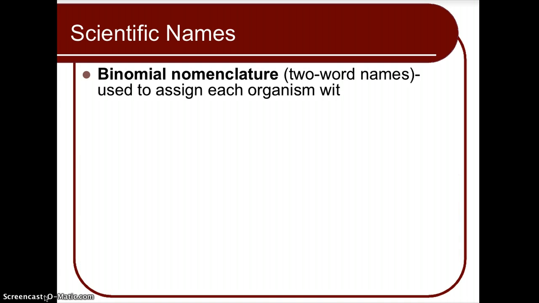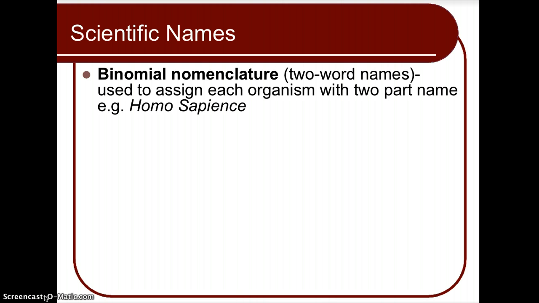The second thing he did for classification was this two-part naming system known as binomial nomenclature. And binomial nomenclature is when you assign each organism a two-part name, often referred to as the scientific name. And here you could see Homo sapiens as an example. Now, look at that scientific name.